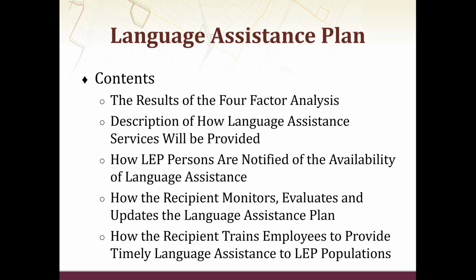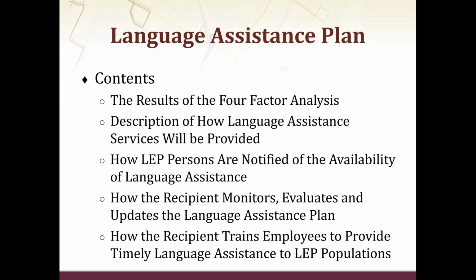Next, we look at how LEP persons are notified of the availability of language assistance. Obviously, there's no point in having all these great resources if nobody knows they exist. So advertising the availability, going back again to the public participation plan, is one of those things. You don't want to just do it for major service changes and fare changes.